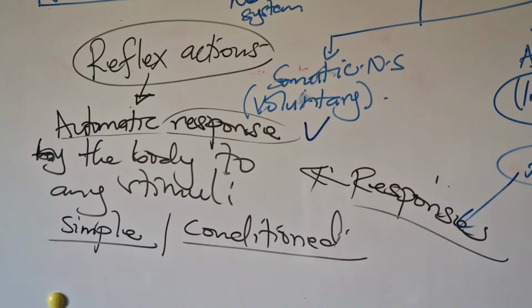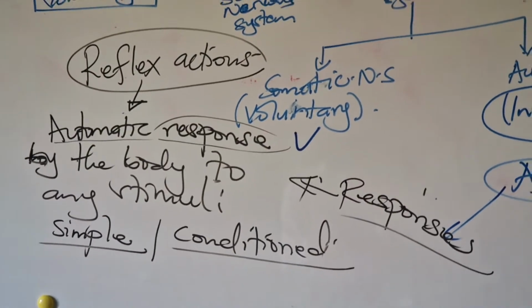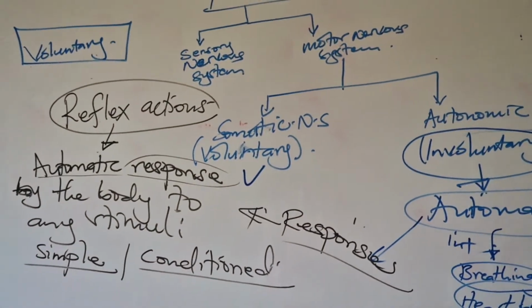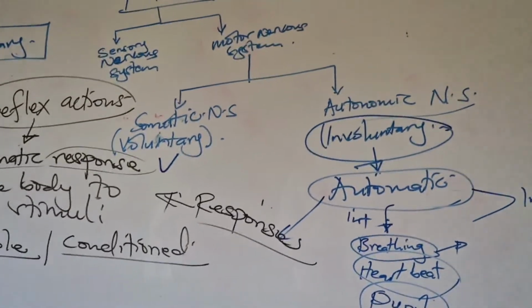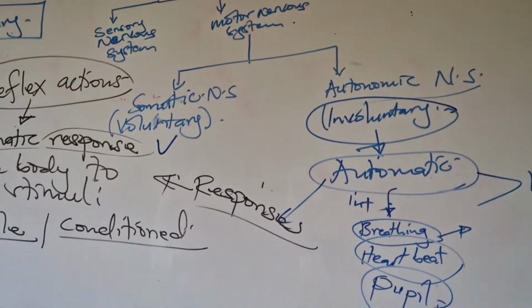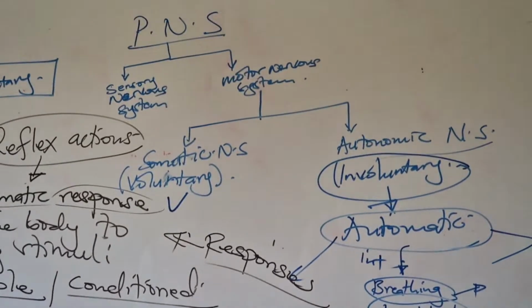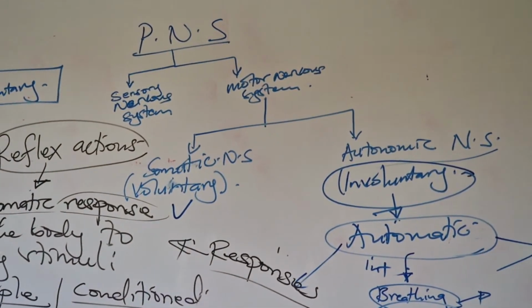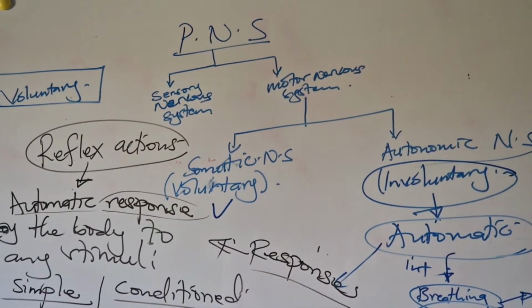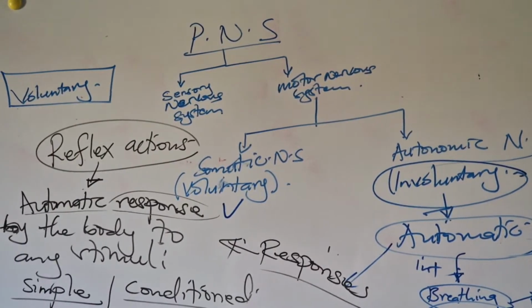So the reflex actions may be simple or conditioned. The simple ones are ones that are rapid and automatic. The conditioned ones are the ones that take time and most times learned reflexes.